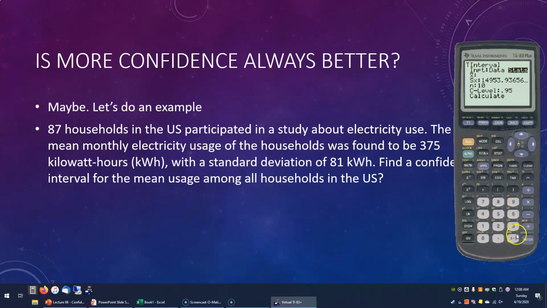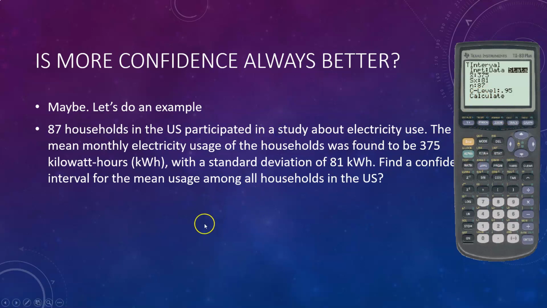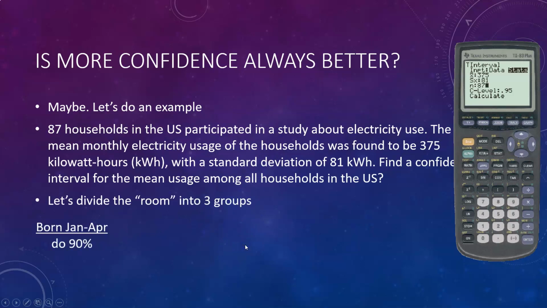So the average is 375. Standard deviation is 81. And we looked at 87 households. Okay. Now I'm not giving you a confidence level here, because the confidence level that you use, I want it to depend on your birthday.